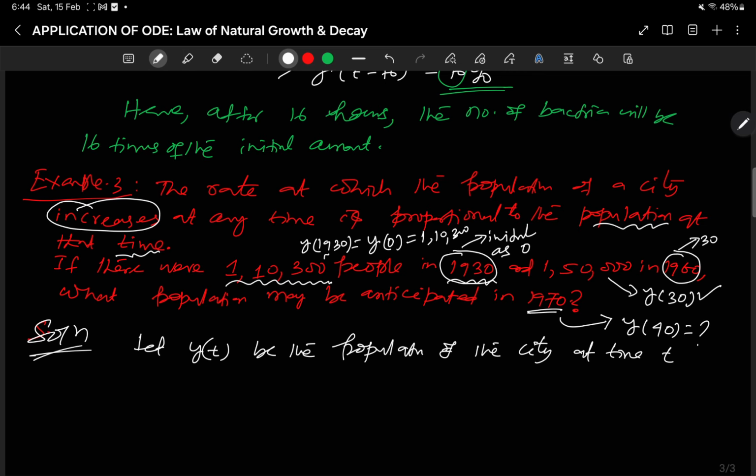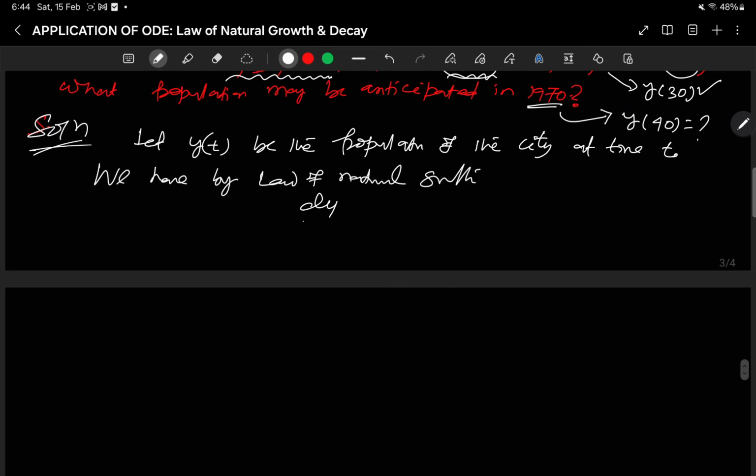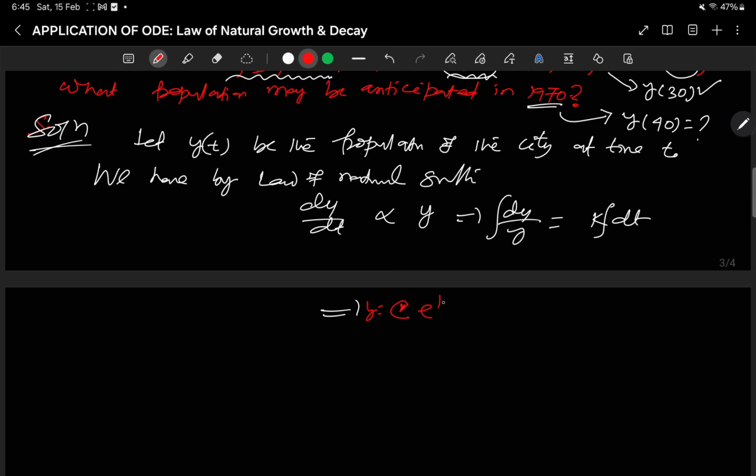By the law of natural growth, dy by dt is proportional to y. So dy by y is equal to k dt, which implies y is equal to c e to the power kt. Directly you may write y is equal to c e to the power kt.